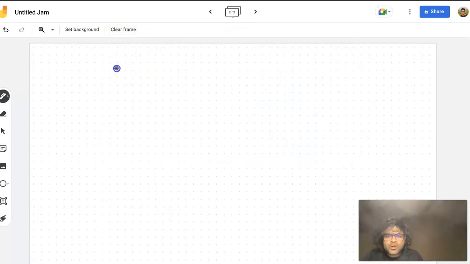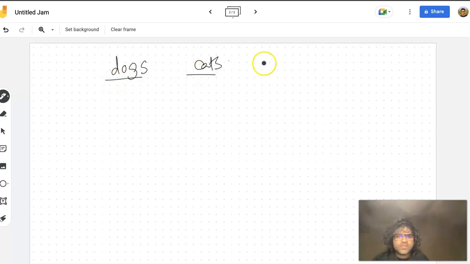So suppose we want to find the distance between dogs and cats. This is a small thing, so can you do it here, and if you have any doubt, give me the answer. So what is the distance between dogs and cats? Okay, so do it here.